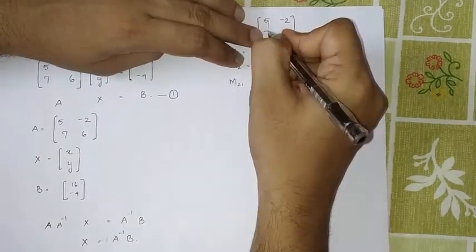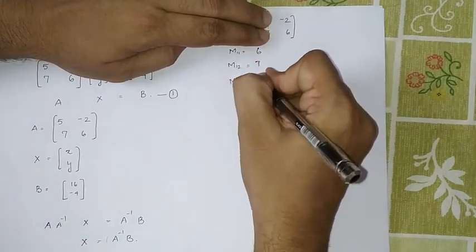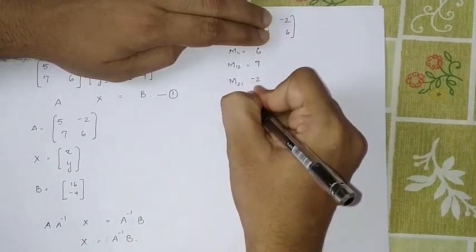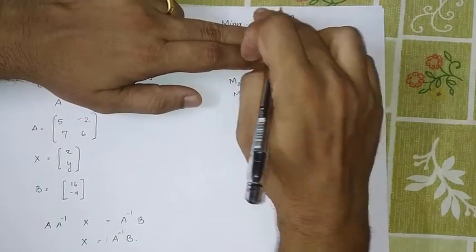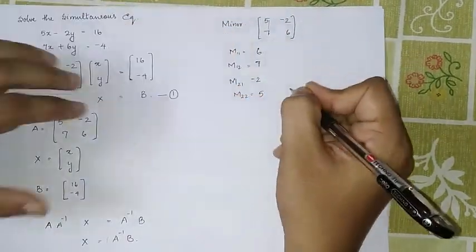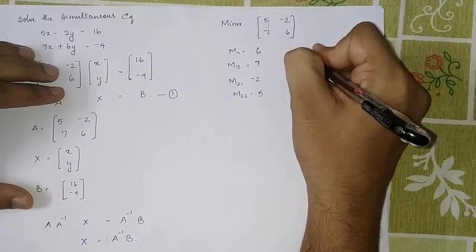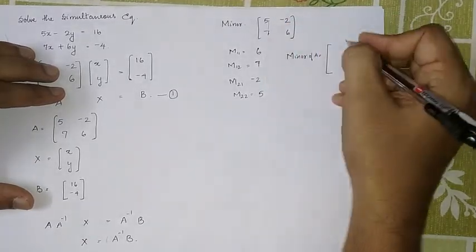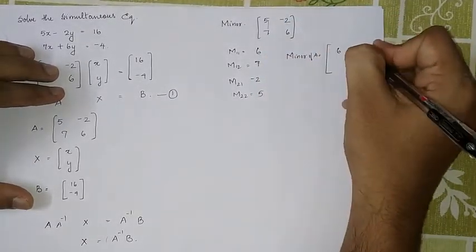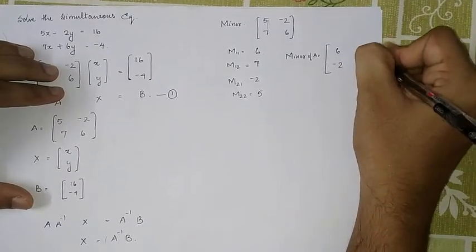M21 is this element 7, so hide the row and column, you get minus 2. M22 is 6, hide the row and column, what is left is 5. So the minor of A is 6, 7, minus 2, 5.